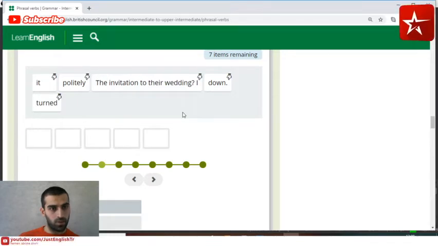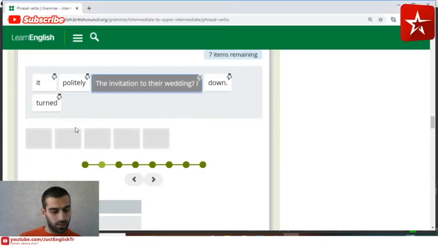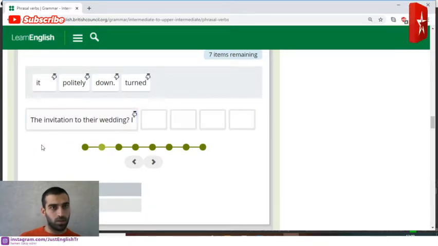Okay, which one we should use? So I'm waiting for your answers. Okay, Ayşe says the invitation should come first. Okay, let's choose here. For this gap, the invitation to their wedding.